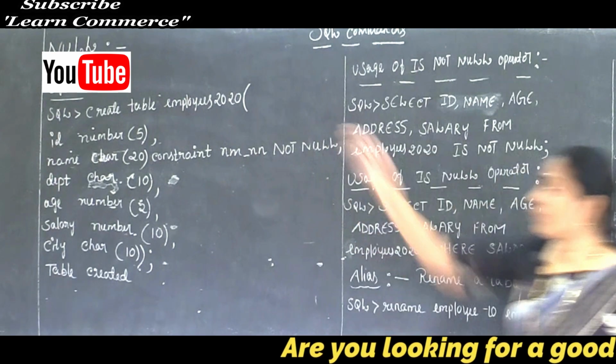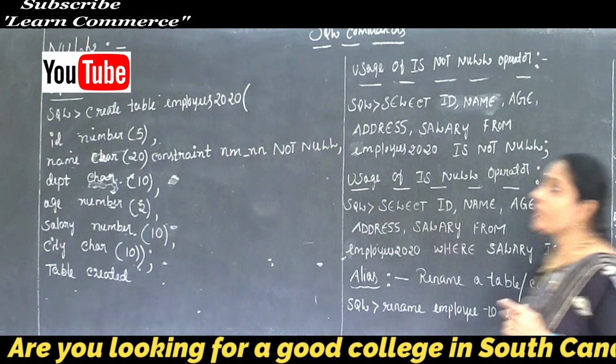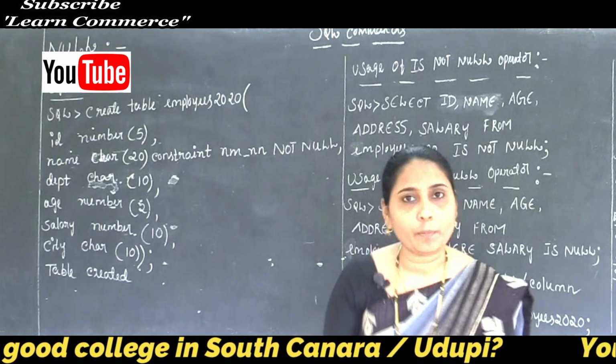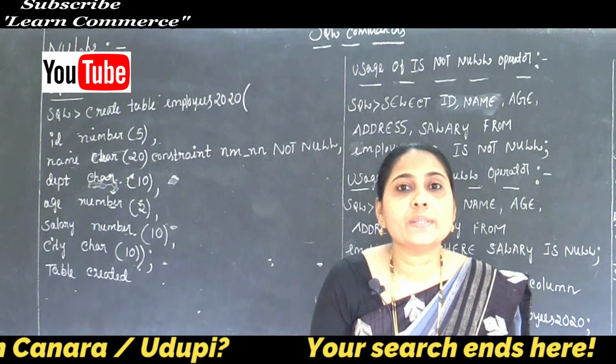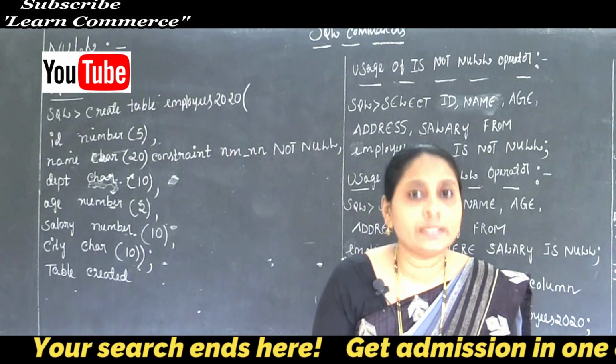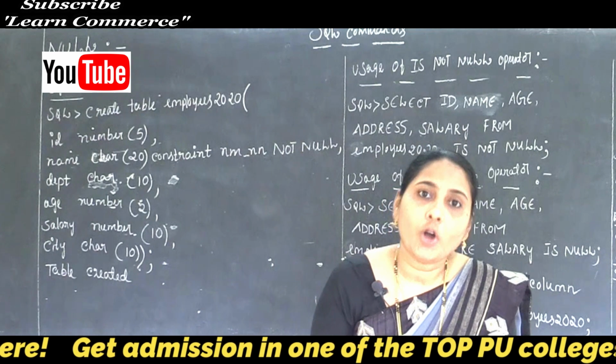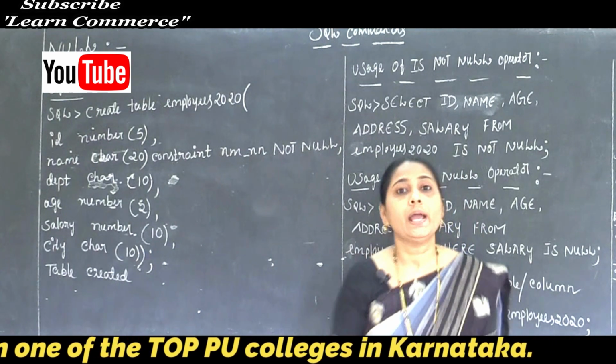Now let's start with null. The SQL null is the term used to represent a missing value. That means in the cell no value is there, or the value is equal to blank.